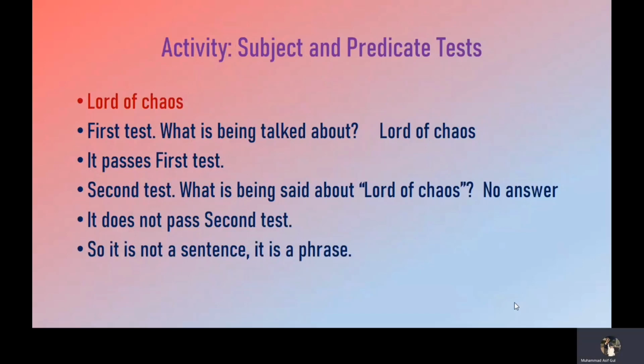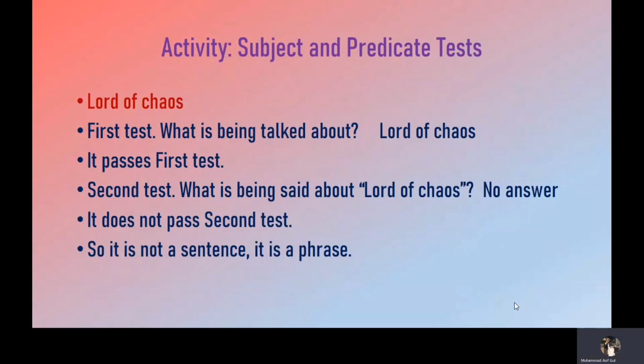We do not have any answer for this question. So it does not pass the second test. So this title, Lord of Chaos, is not a sentence. If a title passes both these tests, subject and predicate tests, only then will it be a sentence. Otherwise, it will be a phrase.